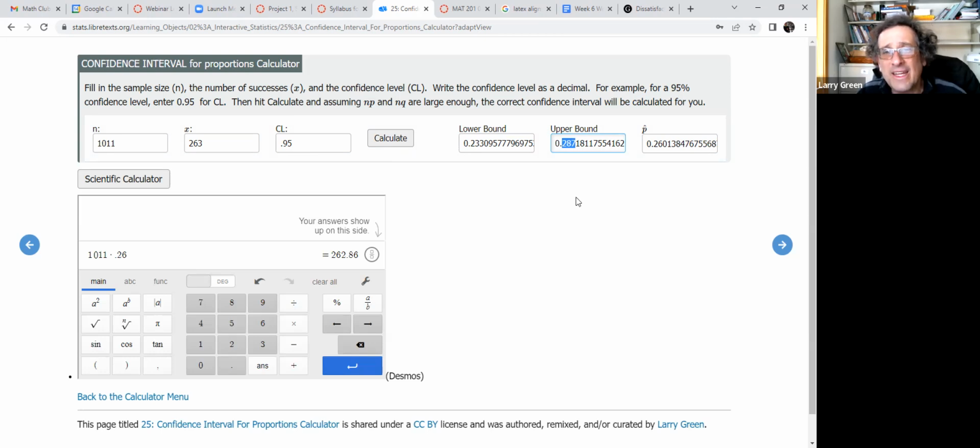Okay, and by the way, if you're a politician, is that a good thing or a bad thing? Is this something that needs to be changed or not? Yeah, if only 26%-ish of Americans are okay with what's going on, that's not good.